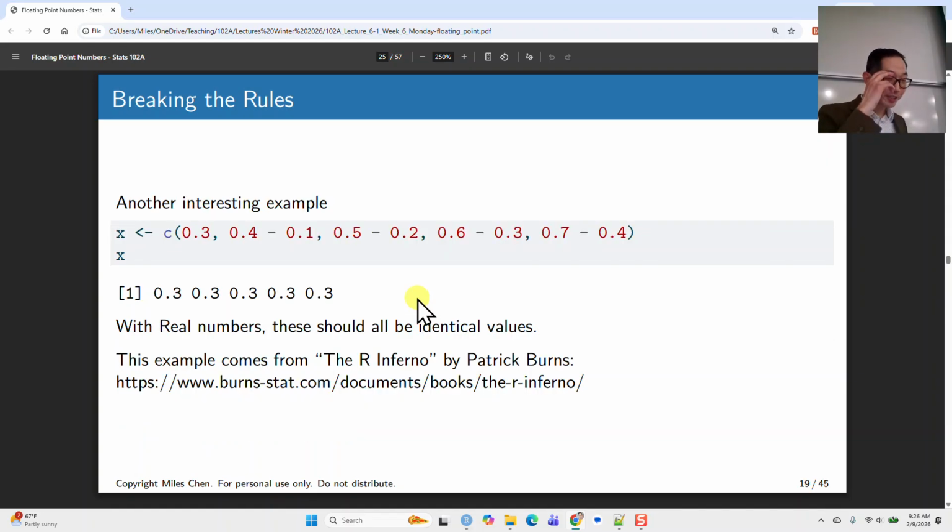Here's another example of the frustrations you'd run into. These should all be exactly the same: 0.3, 0.4 minus 0.1, 0.5 minus 0.2, 0.6 minus 0.3, 0.7 minus 0.4. These should all be 0.3. With real numbers, these are all exactly the same.